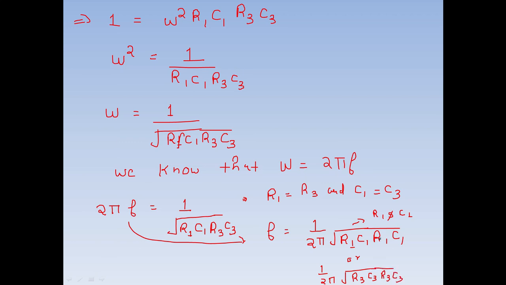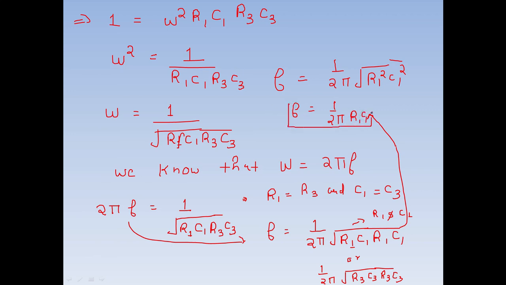Now if you solve it further, f is equal to 1 upon 2 pi under root R1 square C1 square. Square root of this, f is equal to 1 upon 2 pi R1 C1. So this is the desired equation of the Wien-Bridge oscillator.